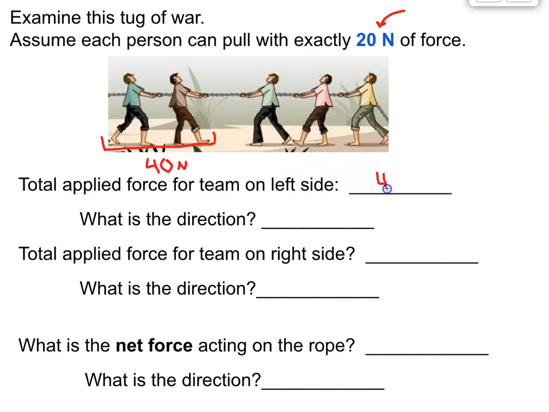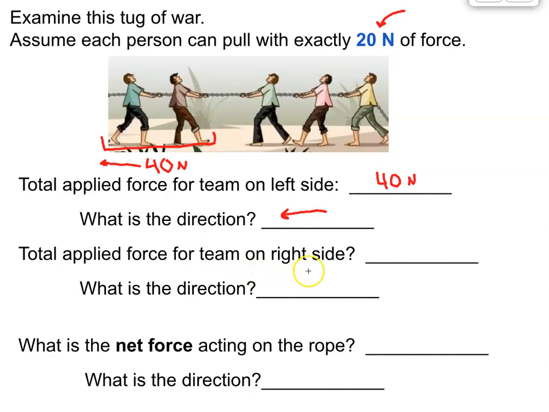All right, so 40 newtons of force for the left team. And what would the direction be? Well, they're pulling towards the left, so the direction of our arrow is going to be towards the left. So the left-hand team is pulling with 40 newtons of force towards the left.